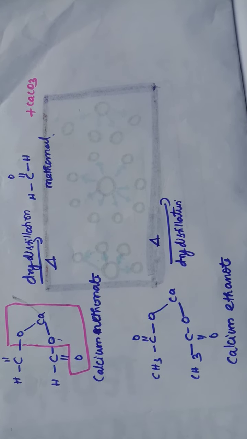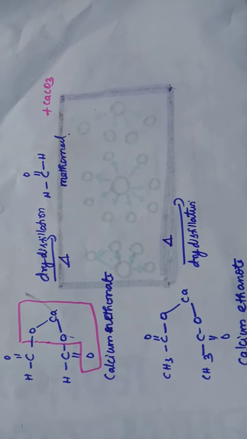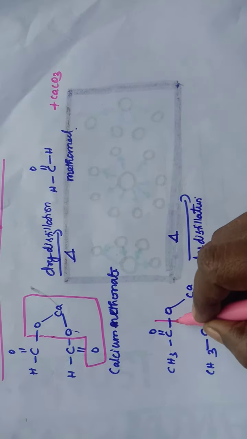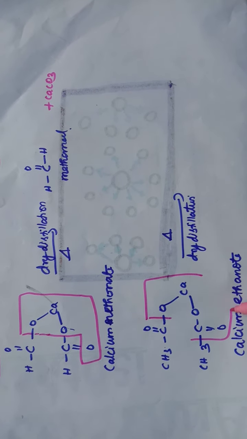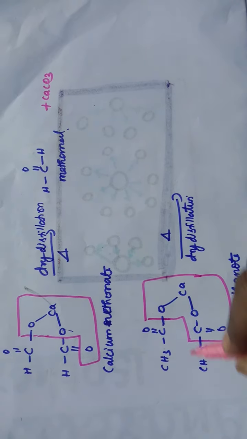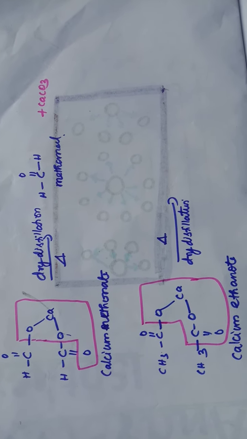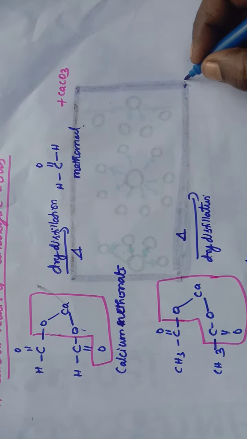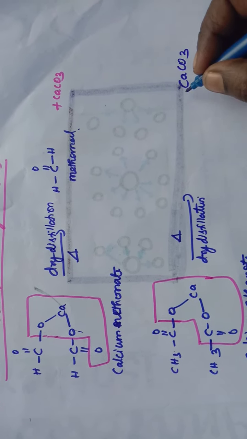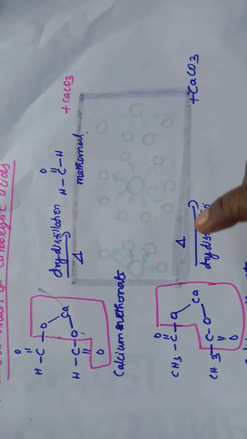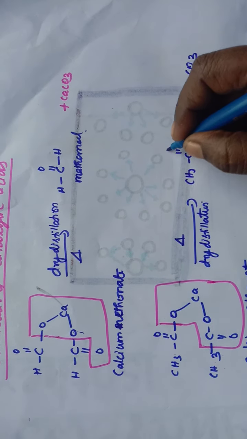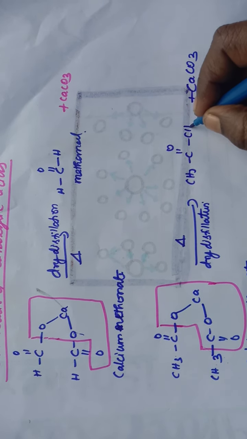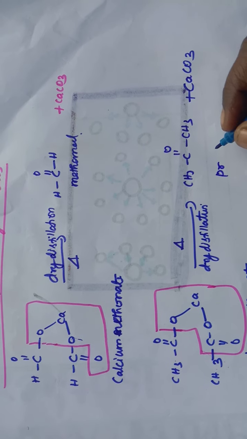It gives a ketone, that is propanone. Here the breaking of the bond takes place, so this is removed as CaCO3, calcium carbonate. The remaining is CH3 C double bond O CH3, propanone, and a ketone is obtained.